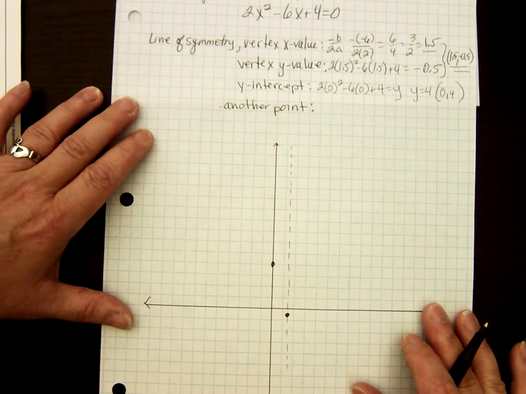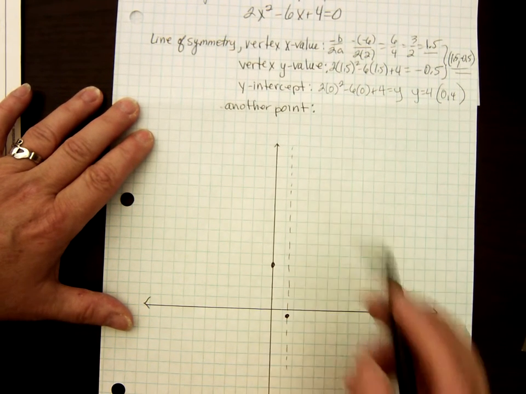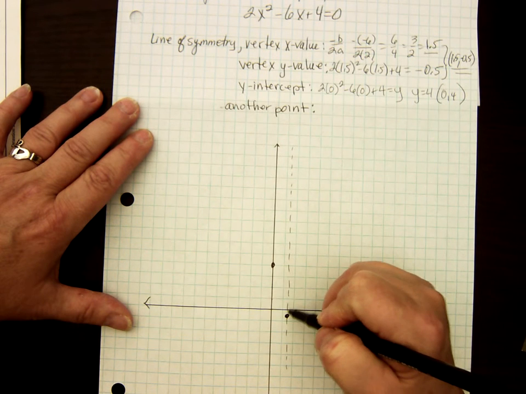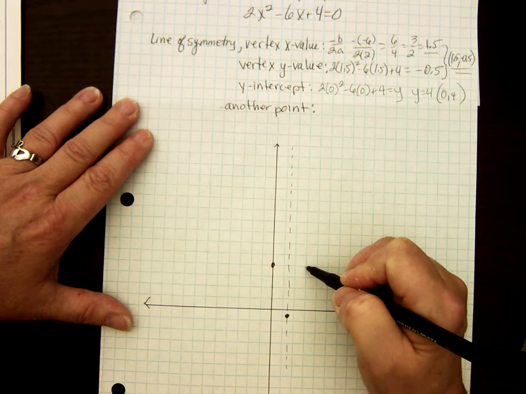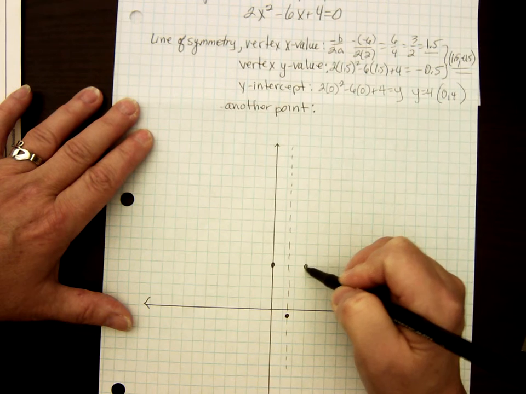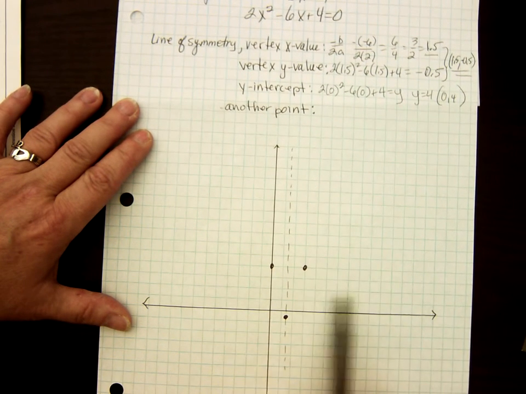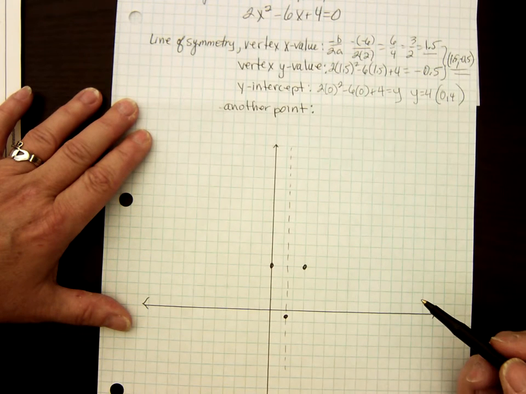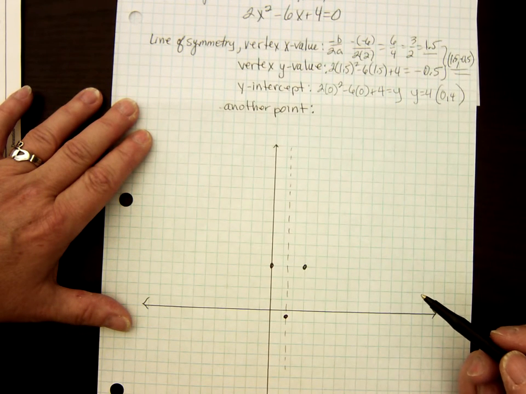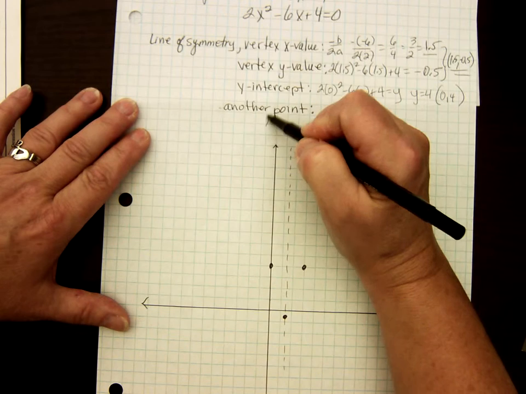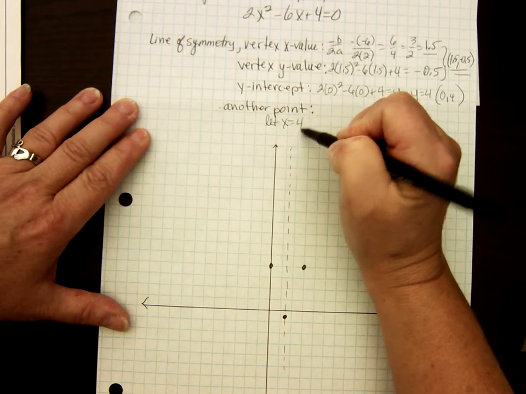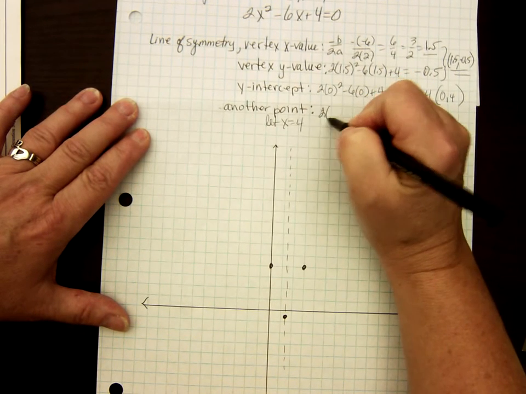And one last point. Oh, let's do this. The point on the other side of the line of symmetry is right there. So now I know I want another point a little bit further out. So I'm going to choose 4. I'm going to let x equal 4, and so I just substitute it.